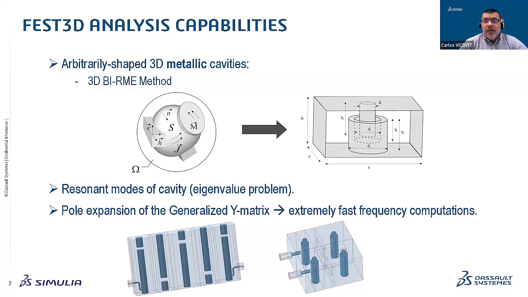In the end, this is an eigenvalue problem, and the benefit is that in the end you get a pole expansion of the generalized admittance matrix, and again this allows very fast frequency computations. These are two examples of filters or types of components that you could analyze with this technique, in which you really have 3D building blocks here.